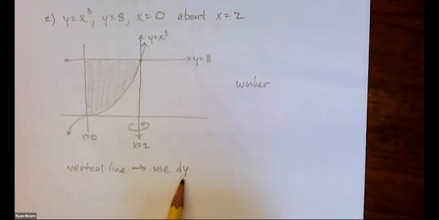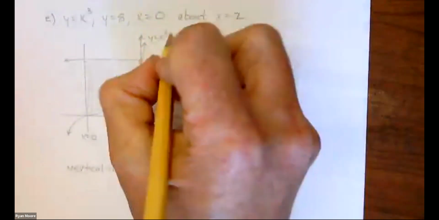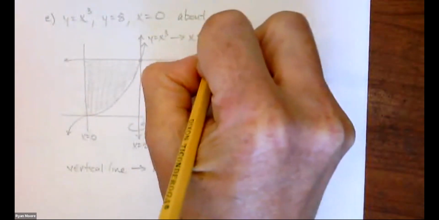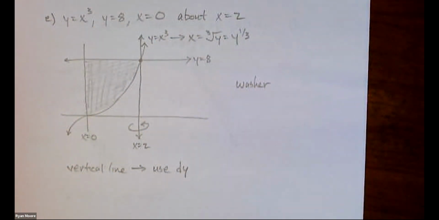Okay, if we're going to use dy, then a couple things. We need to rewrite any functions in terms of y. Let's see, y equals x cubed would be x equals cube root of y, or maybe we say y to the 1/3. Let's do that.